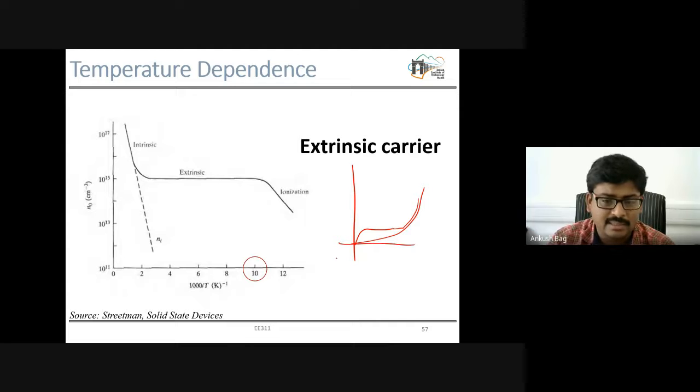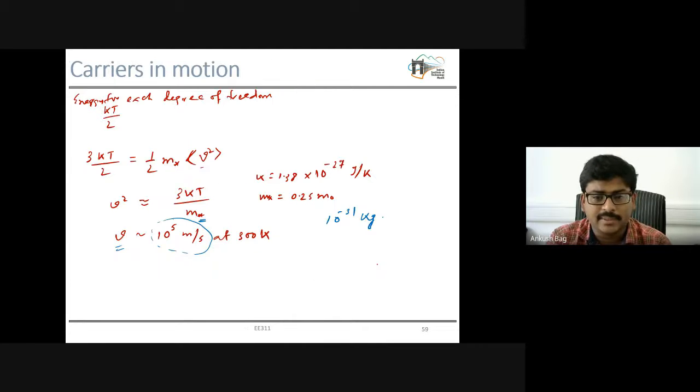This is the same graph, but you can note here it is 1000 upon T, and that is why the behavior is opposite. So this is again showing how, in case of intrinsic semiconductor as well as extrinsic, that means doped semiconductor, the carrier concentration is changing with the temperature. So this is the same thing. Okay.